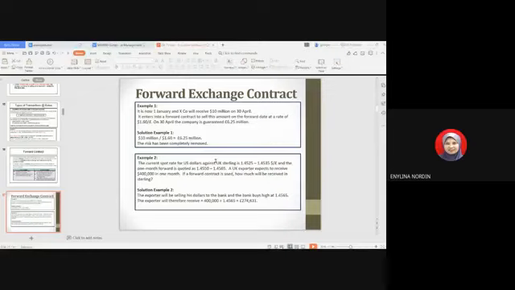Let's say the rate on 30th April is 1.5, then you cannot use 1.5. You have to use 1.6, the rate that you agreed earlier and specified in the forward contract. You cannot use another exchange rate unless you are not entering into the forward contract, then you are free to use it.